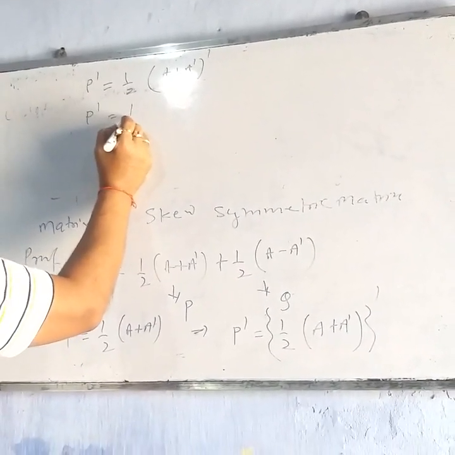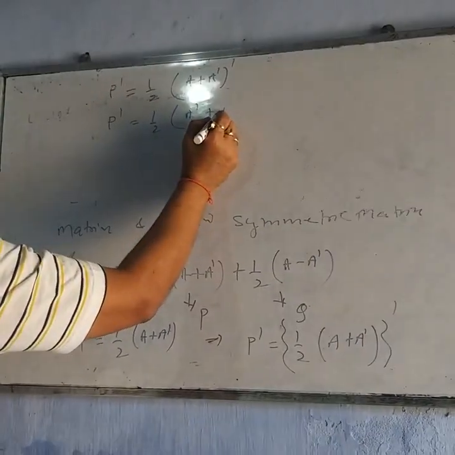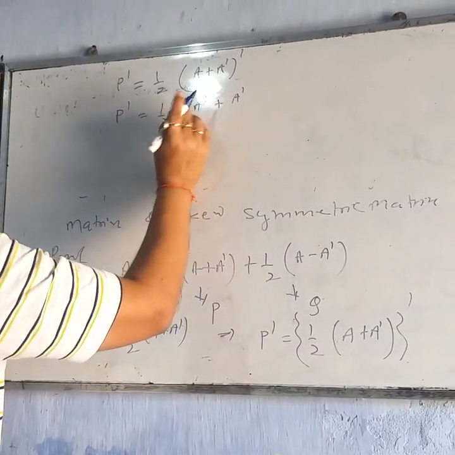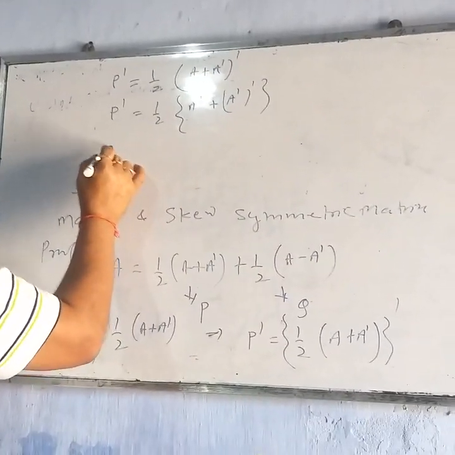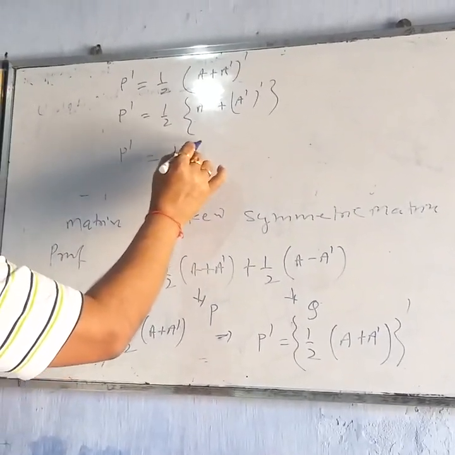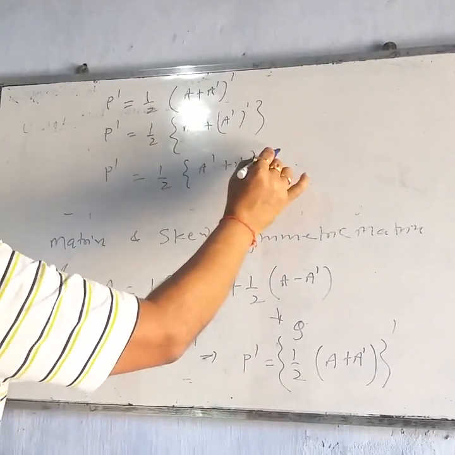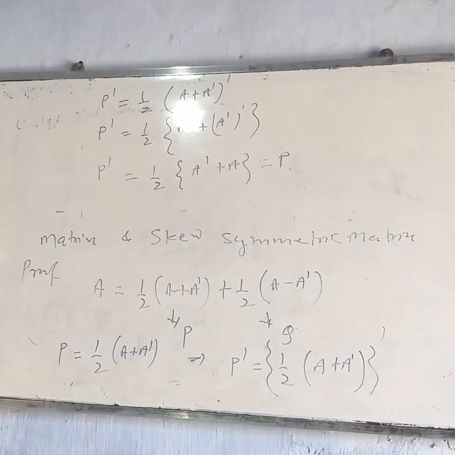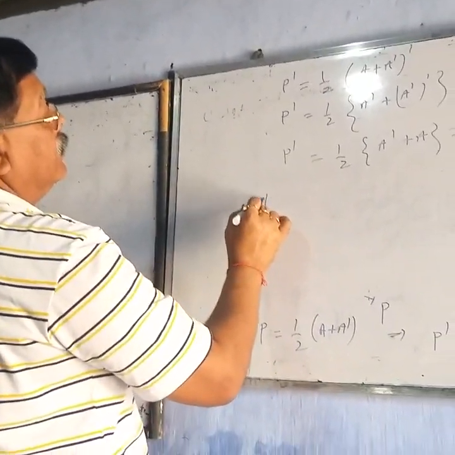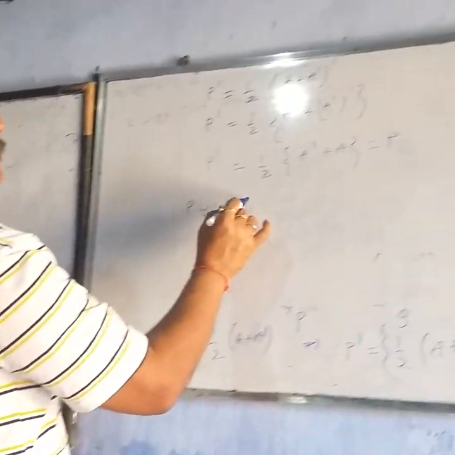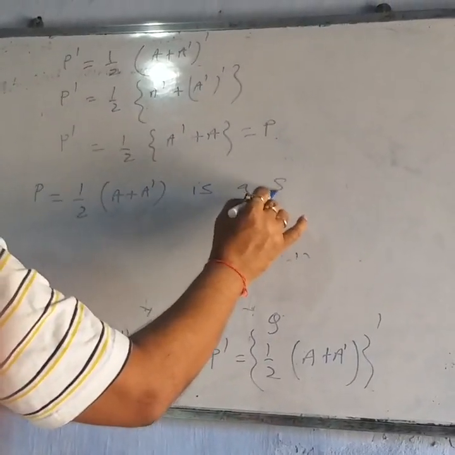As per the property of transpose, it will be A transpose plus A. This is again equal to P. Therefore, P, 1 by 2 A plus A transpose, is a symmetric matrix.